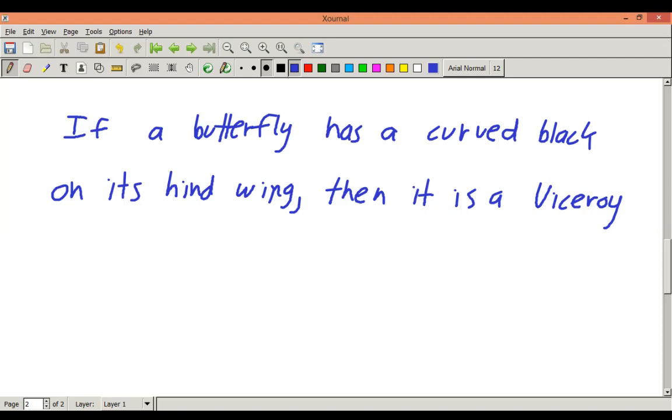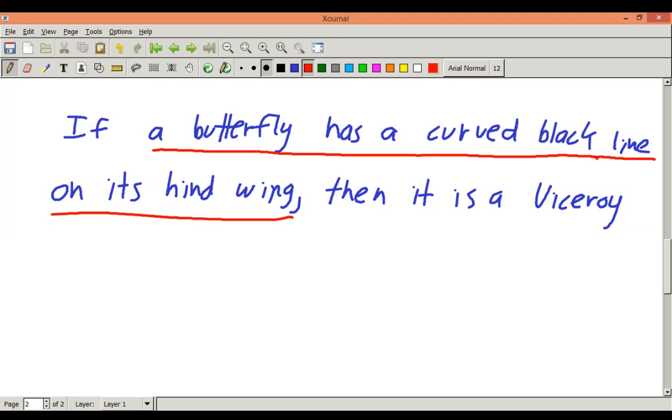Okay, so our job is to identify the hypothesis and the conclusion of that conditional statement. We said that the hypothesis was the part following the word if. So I'm going to underline the hypothesis one time. So the hypothesis here is a butterfly has a curved black line on its hind wing, the part following if.